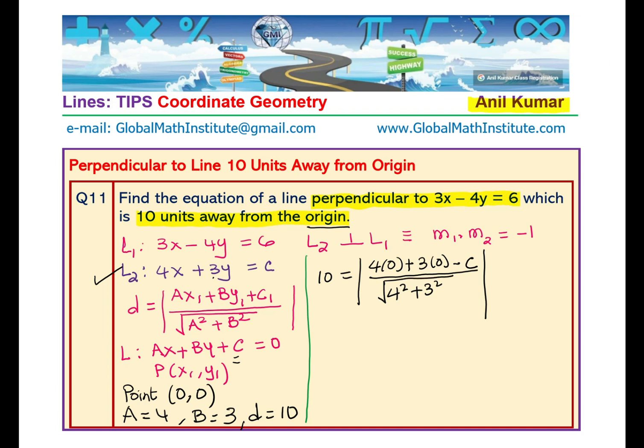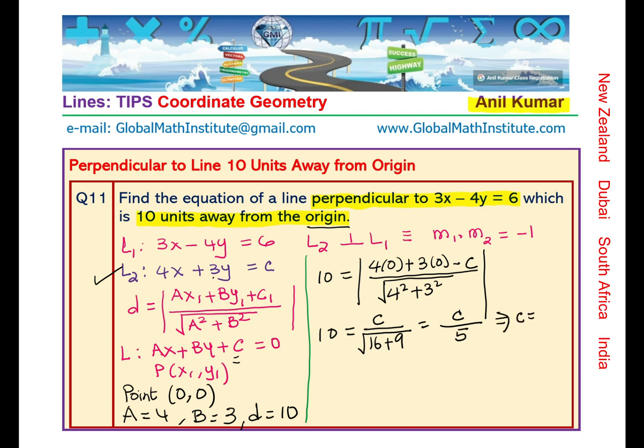That's it, right? So we get 10 equals. Minus c becomes plus c when you do the absolute value, and 4 square plus 3 square is the square root of 16 plus 9, which is the square root of 25, which is 5, and that gives you the value of c as 50.